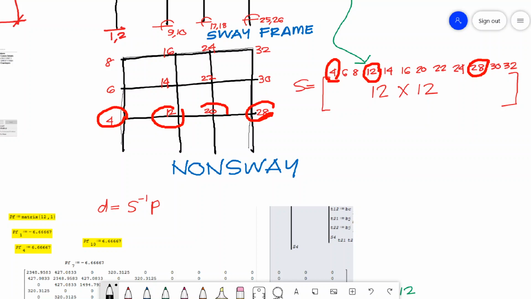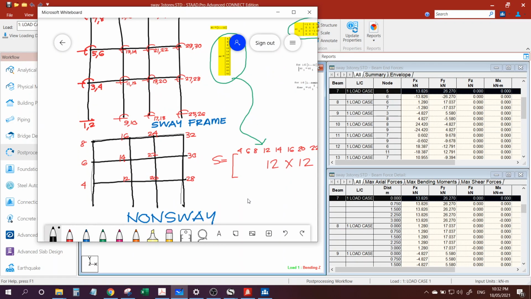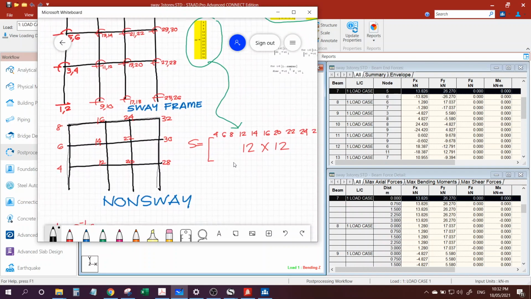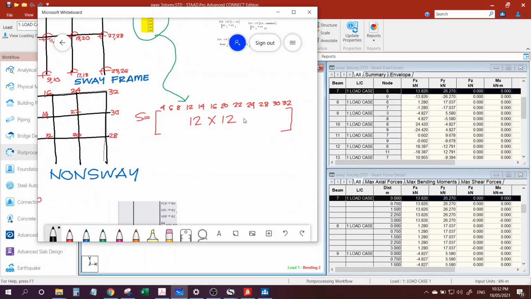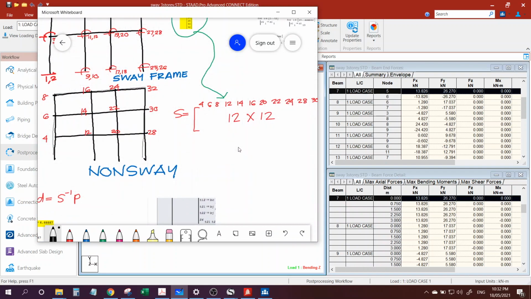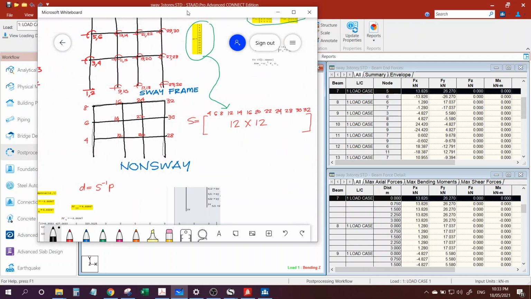By the way, also code 20, PF7. We have a moment here, a fixed end force here, also here. So that's the code that we will require to form our S matrix.